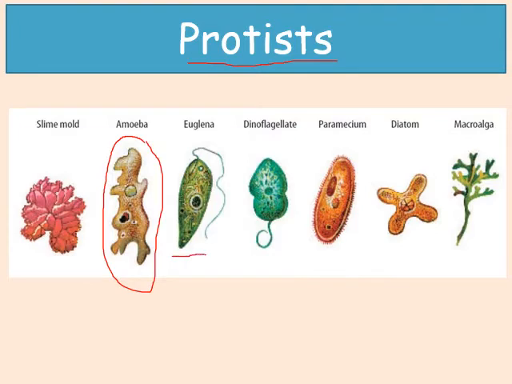We'll be looking at those later. And a dinoflagellate. Some of these have flagellum like the bacteria do, but they are not bacteria. Yet they live as single-celled organisms, so they do not have to have many cells to be alive. They themselves are existing on their own.